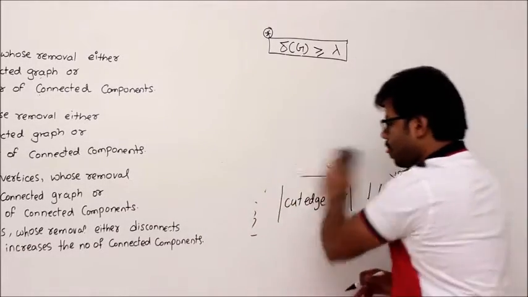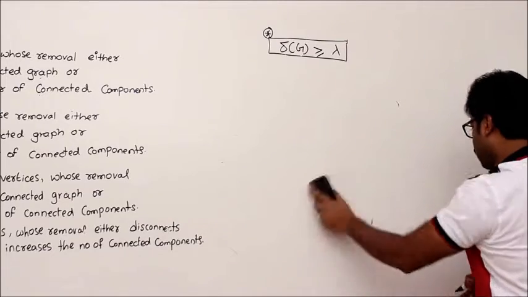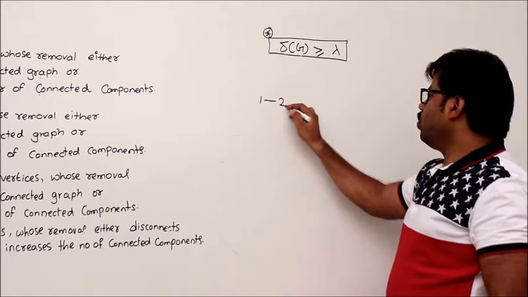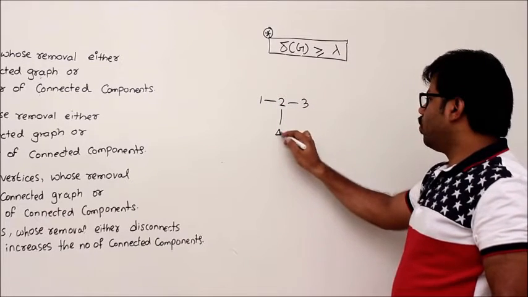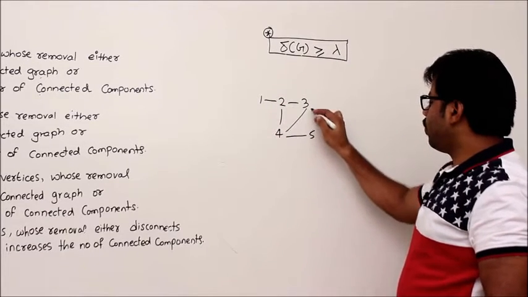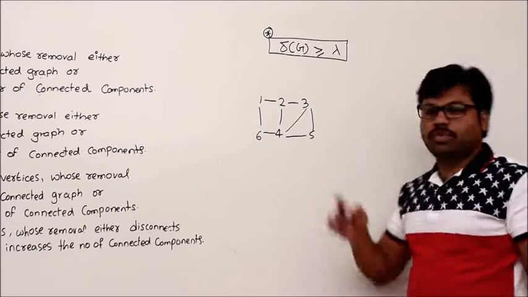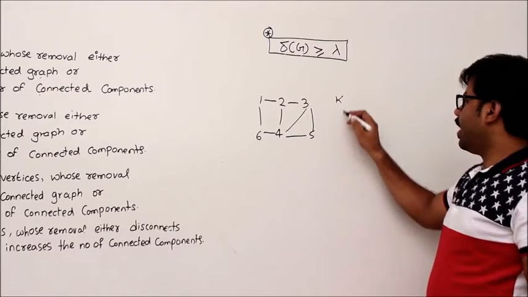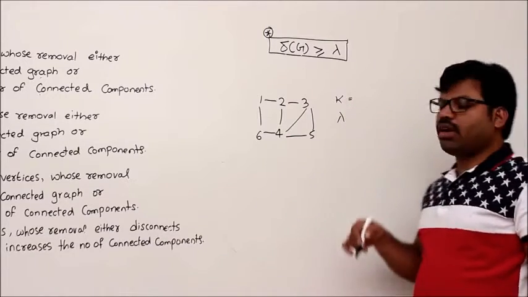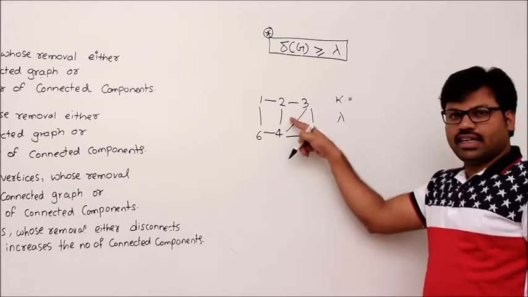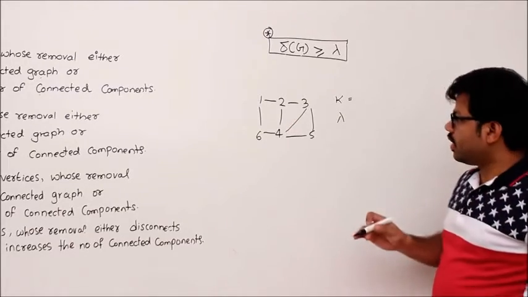Example. Let's take 1 to 2, 2 to 3, 2 to 4 like this, 5 and 6 like this. For this problem, what is the K value and lambda? What is K? The minimum number of vertices required to disconnect this graph. Correct? Because it's already connected, we have to try to disconnect it.